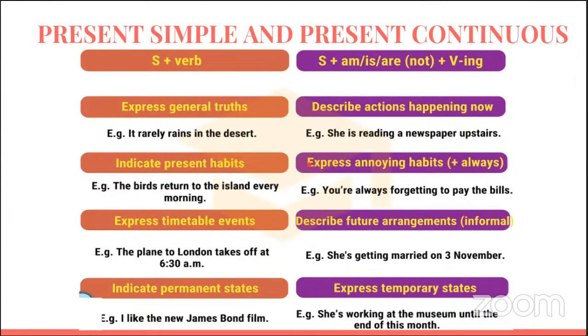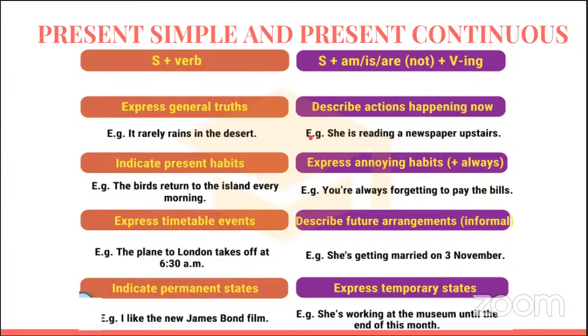And whenever we are talking about the present continuous tense, it is very important to remember that we are going to be using the verb to be plus the verb in the ing form. So I am cooking, they are studying, she is walking. All right. Here, we use the present continuous tense to describe actions happening now.